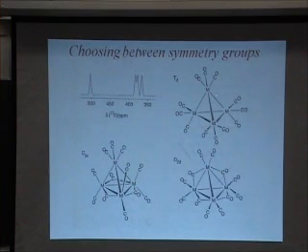All of these possibilities are plausible, even though there will be different energetics involved. One of them will be more energetically favorable. So you can do other kinds of calculations or experiments, but NMR is one technique that helps you choose between different symmetry groups.